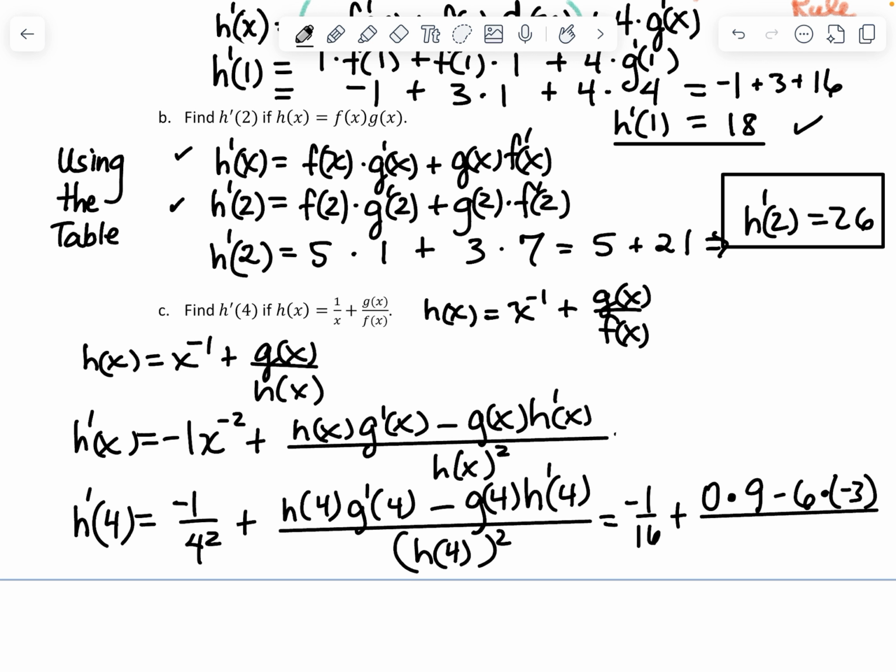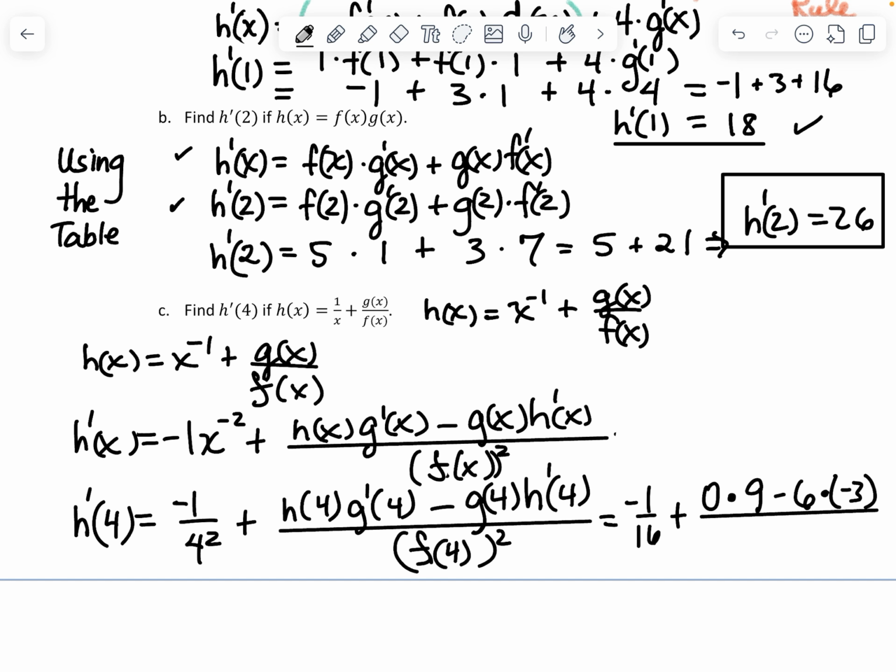I think I have the wrong letter here. It didn't dawn on me until just now. Here we go. No, it's f of x that is wrong here, so I'm going to make that an f. And we're good to go.